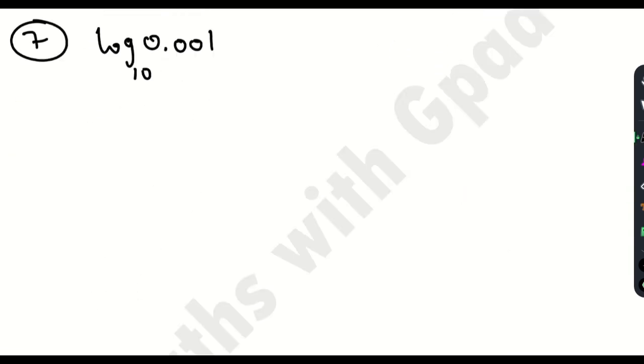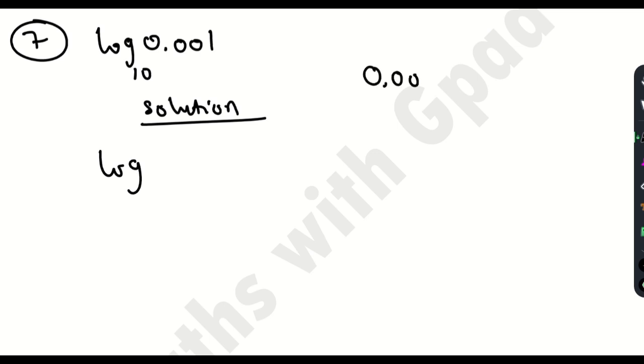Okay, this is similar to the one we did just now, 0.001. Again, we have a decimal number. We are going to write it as a fraction. Okay, let's do that. 0.001, you already know how this would be. Look at the last digit, that's 1. What's the place value of 1 there?